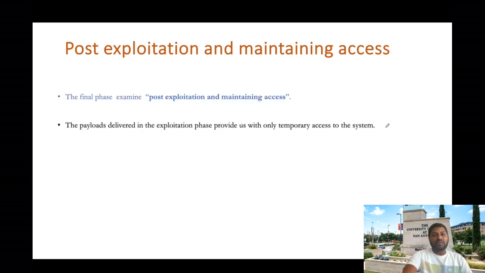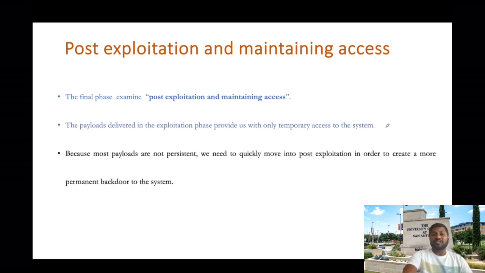The payloads delivered in the exploitation phase provide only temporary access to the system, not whole access. To get complete or administrative privileges, post exploitation is required. Because most payloads are not persistent, we need to move quickly into post exploitation to create a more permanent backdoor to the system.